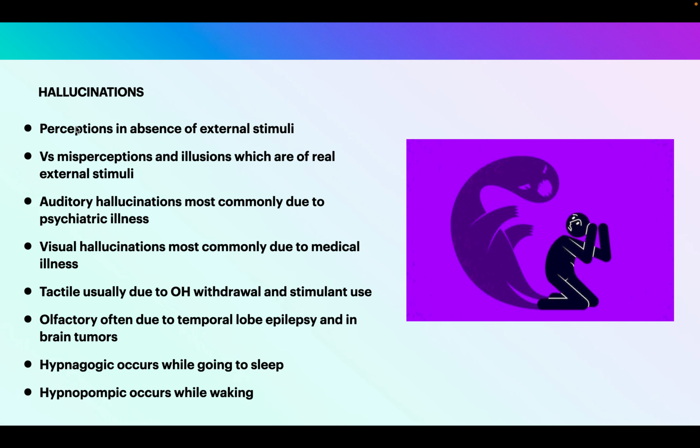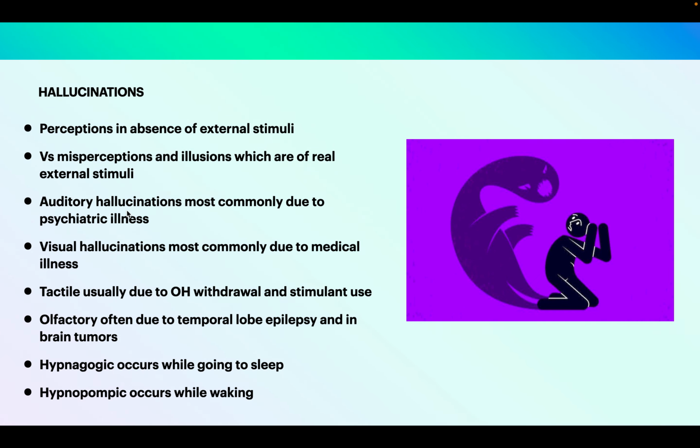Hallucinations are misperceptions in the absence of external stimuli, so things happening in the real world. Illusions are real external stimuli, but you're seeing things and interpreting them wrong. So I might see a shadow of a lamp and think it's a serial killer.